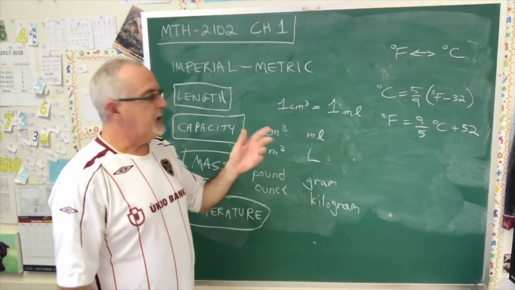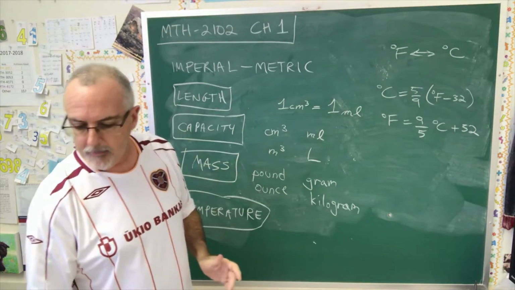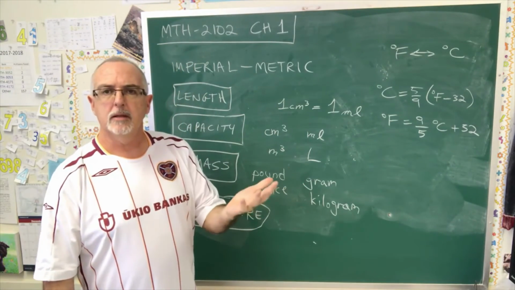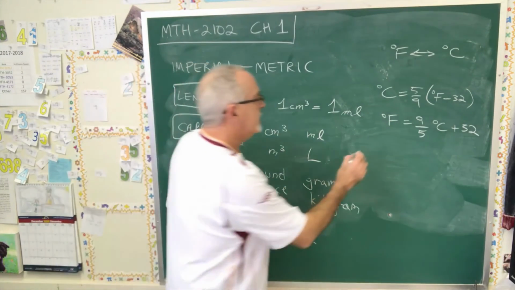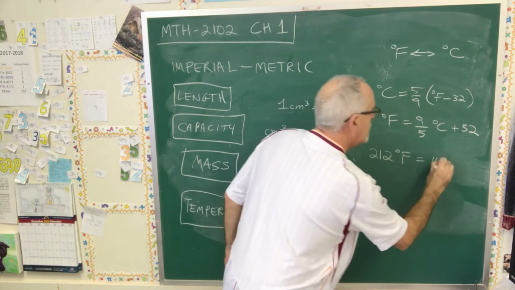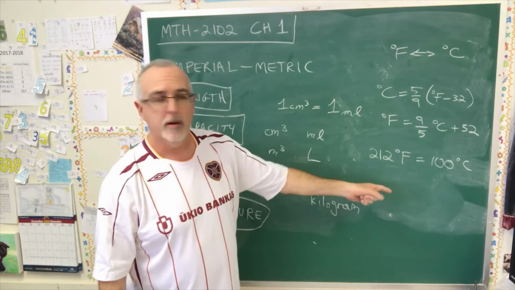One of the things that I do like to use is the fact that I remember 3 conversions between Celsius and Fahrenheit. One is that 212 degrees Fahrenheit is equal to 100 degrees Celsius, and I know that because that's the boiling point of water.